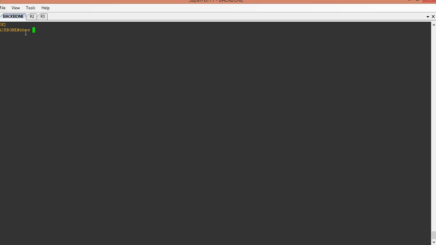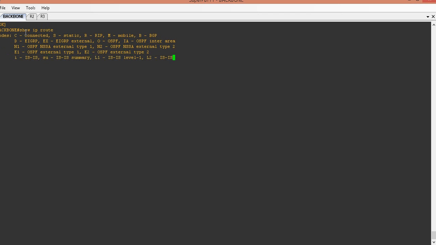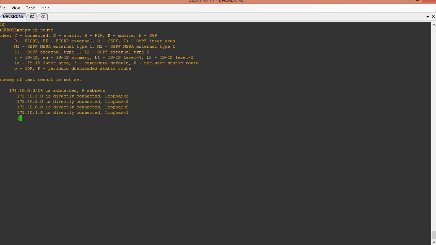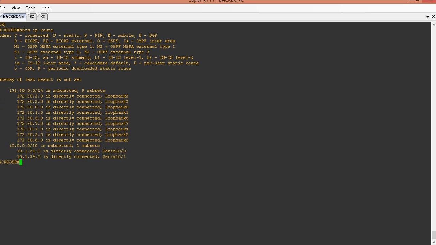First of all, I'm going to see if there is any routing protocol running here. So show IP route. Okay, that's all connected. So show IP protocol.